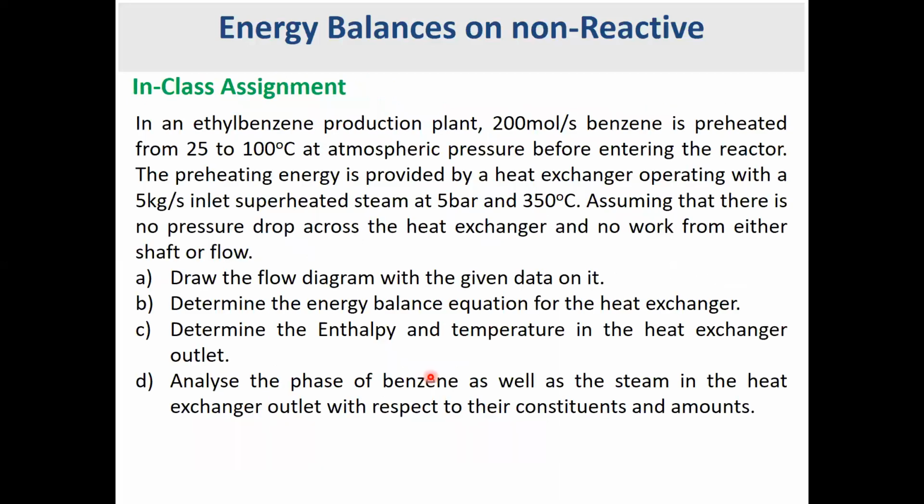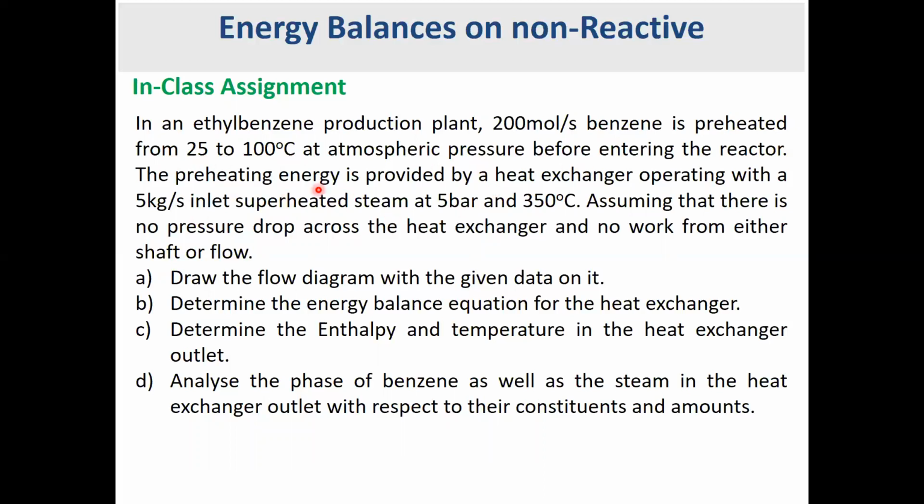Now it's better we go through one example. We have a system in which there is no reaction. We want to quantify how we can conduct the energy balance in the system. You have an ethylbenzene plant in which 200 mole per second of benzene is preheated from 25 to 100 degrees at atmospheric pressure.